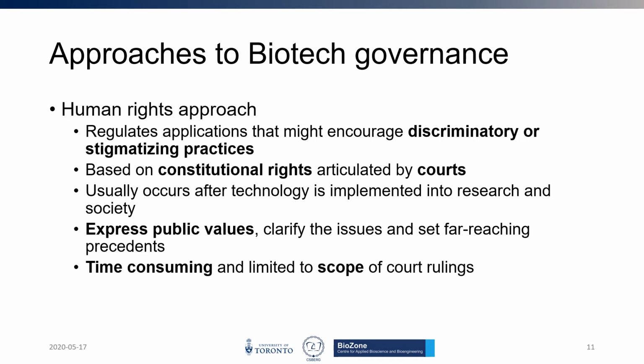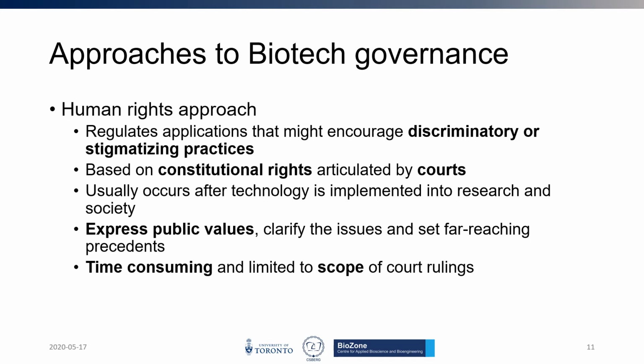So we're just going to touch briefly on the general approaches to biotechnology governance. When we dig into each of the individual countries, you will see those approaches in various forms, but these are the general ones.